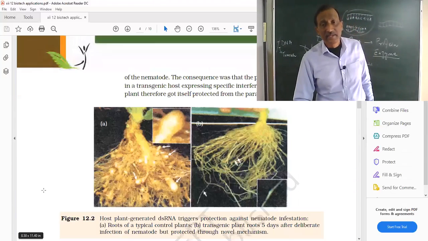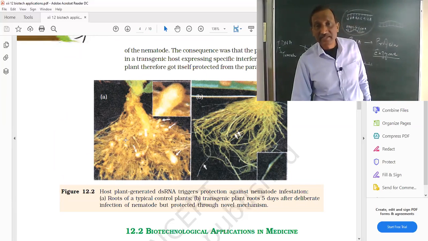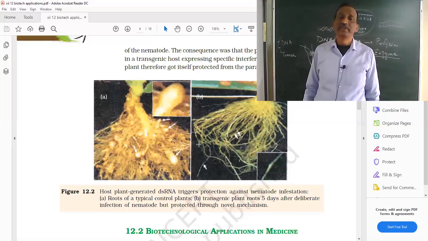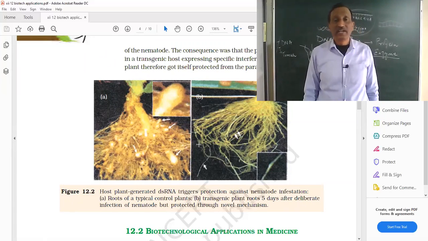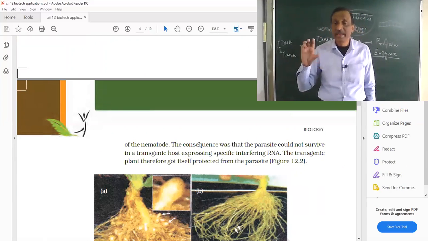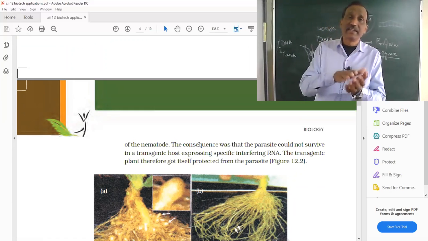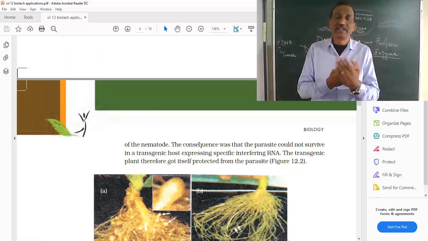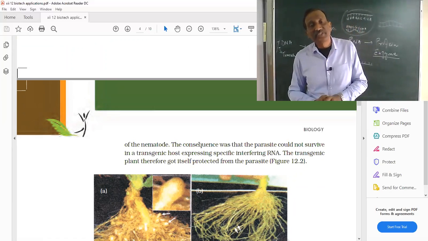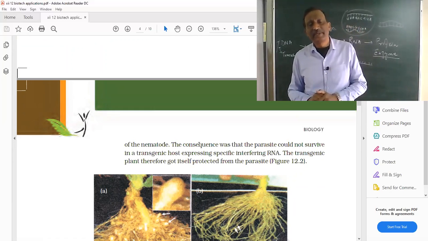You can see here that after application, 5 days after deliberate infection of nematode, the plant is protected through a novel mechanism. Within 5 days, the scene is entirely different. Okay, so I think it is clear to you how the mechanism works: antisense RNA, which is sent, combines with the sense RNA and forms double-stranded RNA, which prevents the functioning, and nematodes or any other parasite, we can use it for many other parasites even.